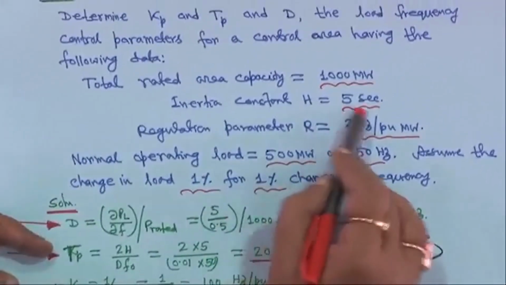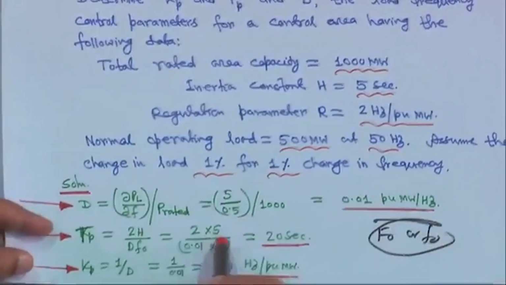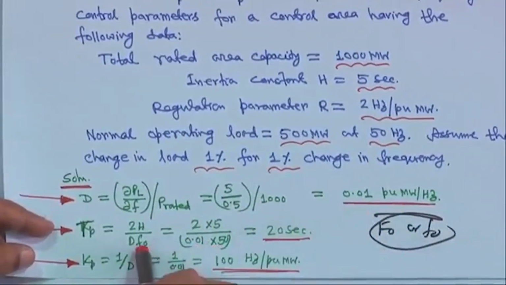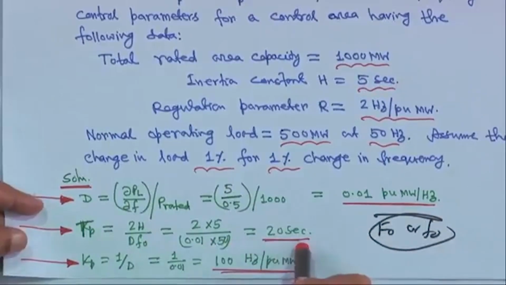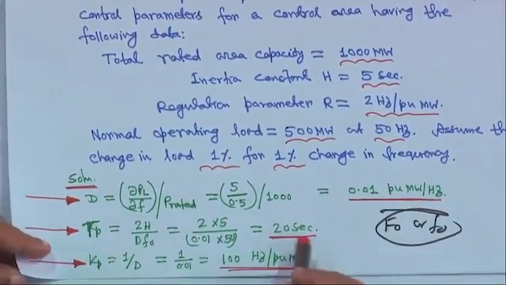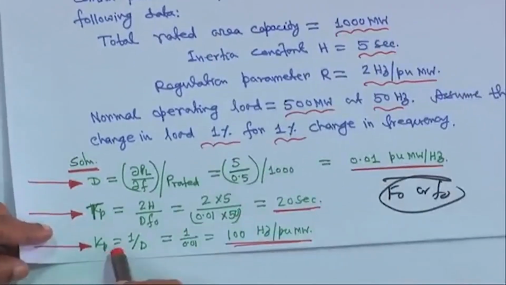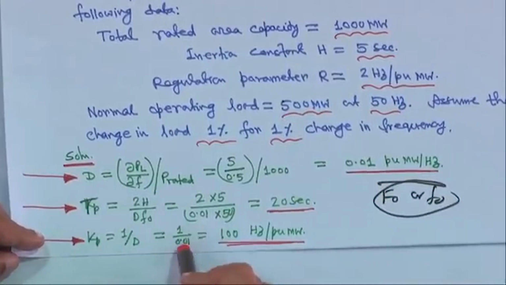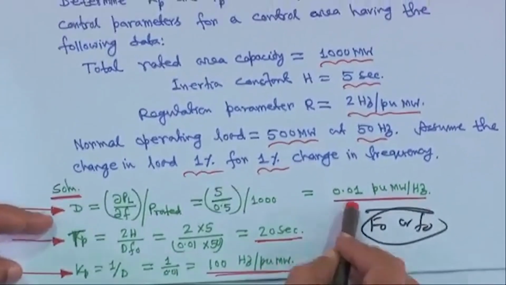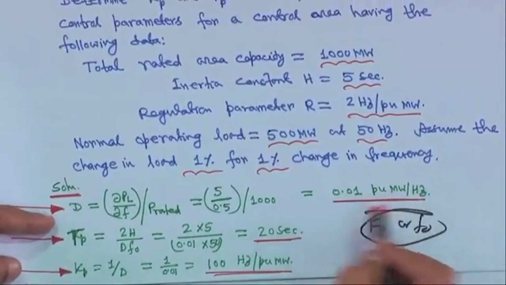H is given as 5 seconds, so 2 into H, D we have computed as 0.01, and D into nominal frequency 50. So Tp is actually 20 seconds, right? This is the power system time constant. And Kp is equal to 1 upon D. So 1 upon 0.01 will be 100 hertz per unit megawatt, because it is the reciprocal, so the dimension will be reversed, right?